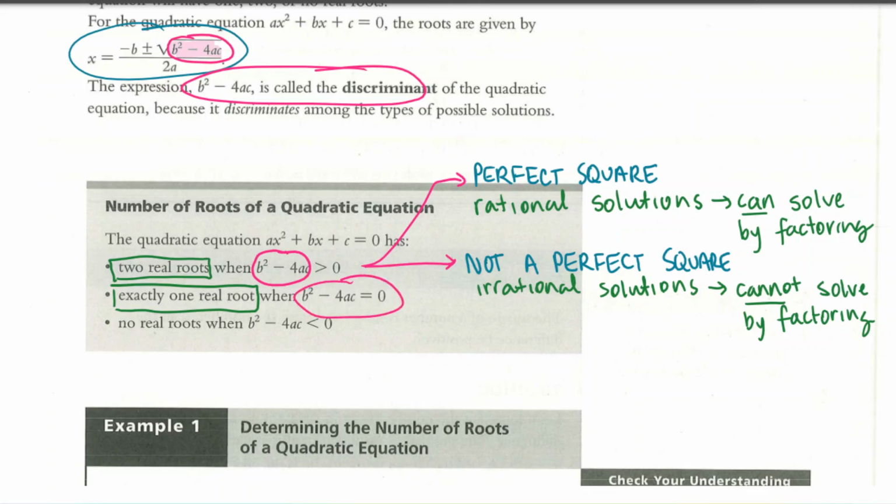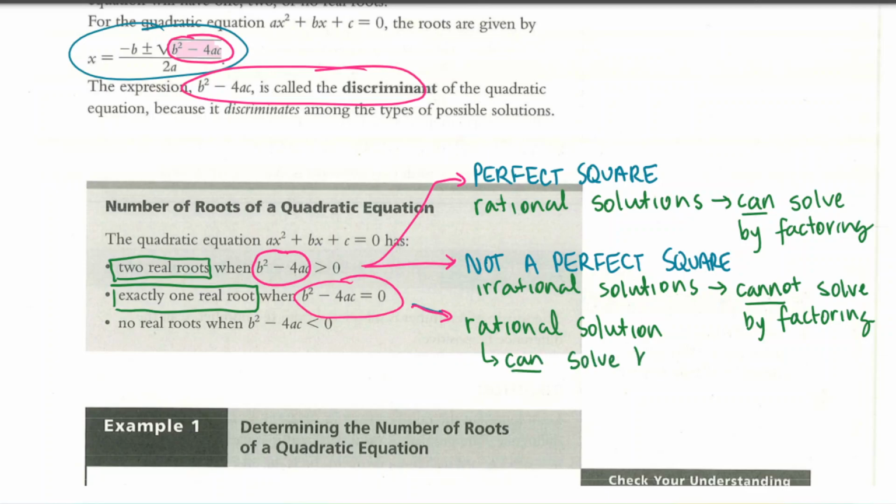And we saw in the warm-up as well that 0 is a perfect square in a sense, so you would be able to solve by factoring. So you would get 1 rational solution and you can solve by factoring.